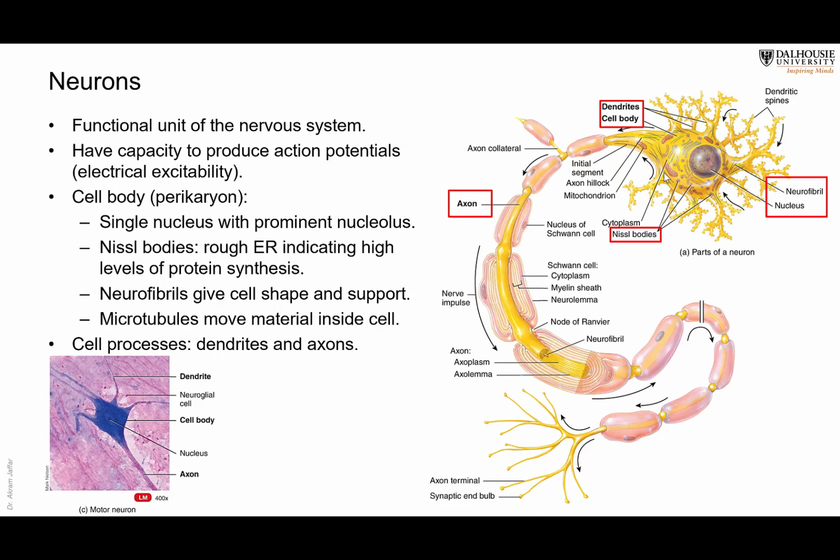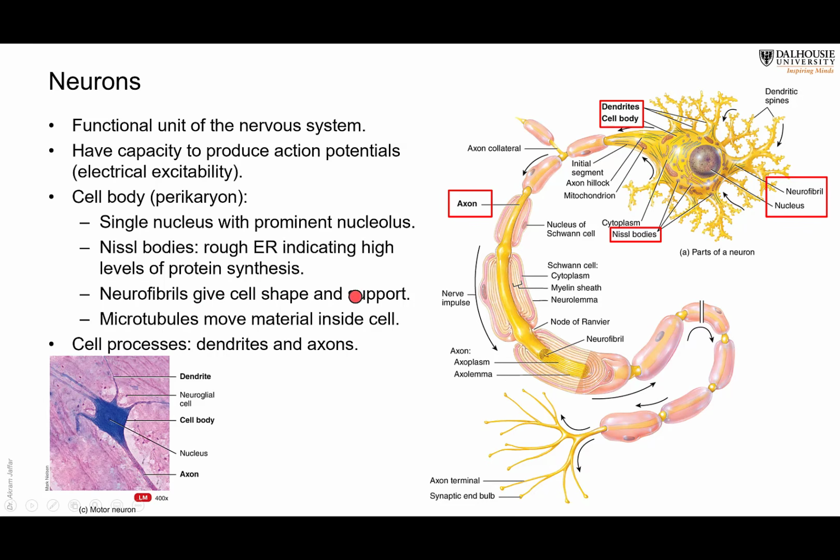And as you know, the presence of rough endoplasmic reticulum is a good indication that there is a considerable amount of protein synthesis. A lot of proteins are required here to produce the microfilaments and microtubules, and to participate in the formation of the neurotransmitters. So there are a lot of neurofibrils, like intermediate filaments and microfibrils.